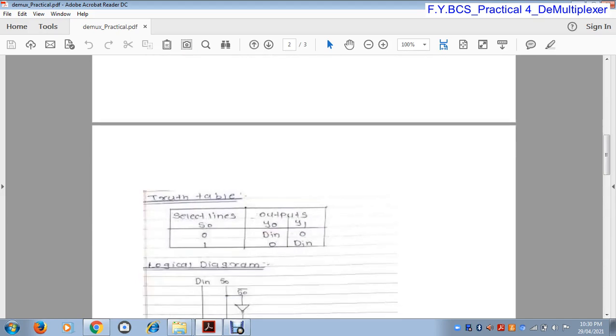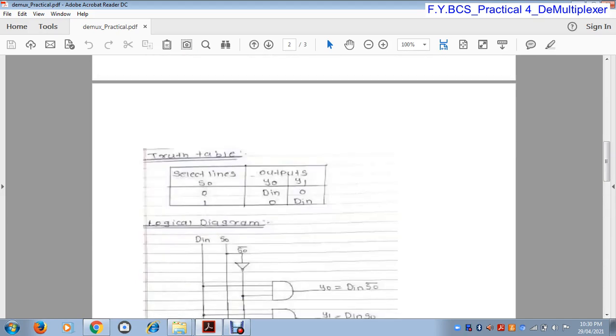Now we will see the truth table of the 1:2 demultiplexer.